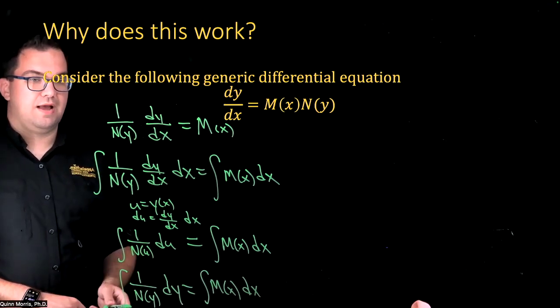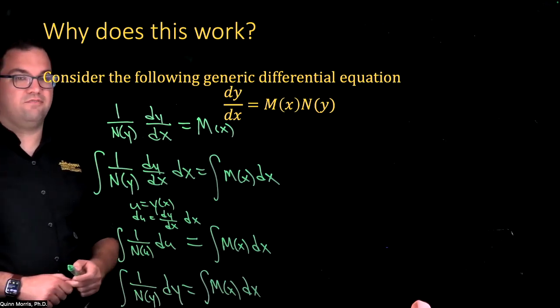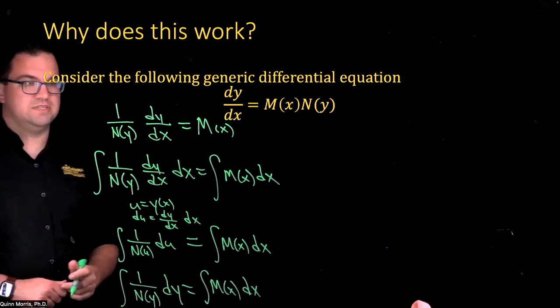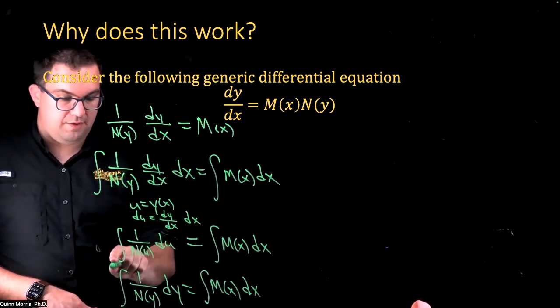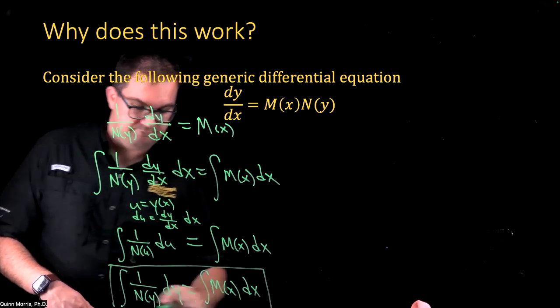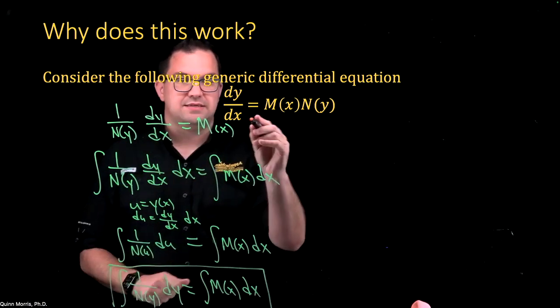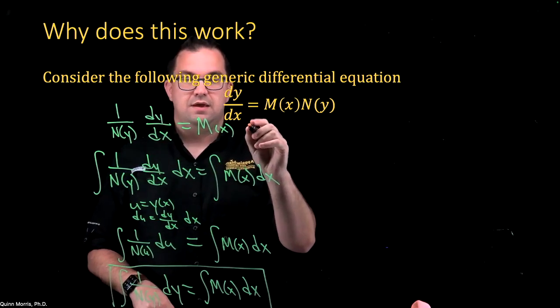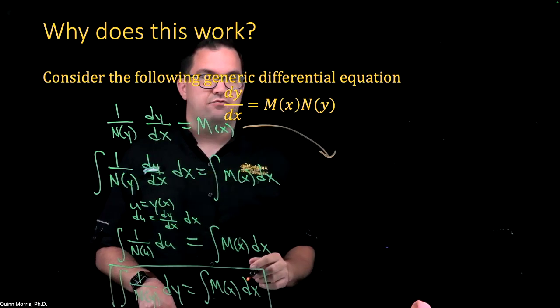And now, assuming I can calculate the appropriate antiderivatives here and here, I can find a generic solution to this differential equation. Now, again, notice that this form down here, which is what I want to end up integrating, is exactly the same as if I had treated dy dx like a fraction, right?